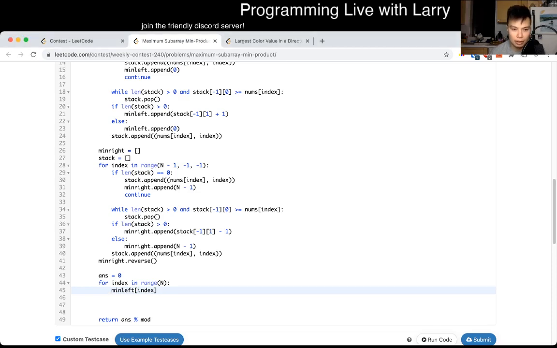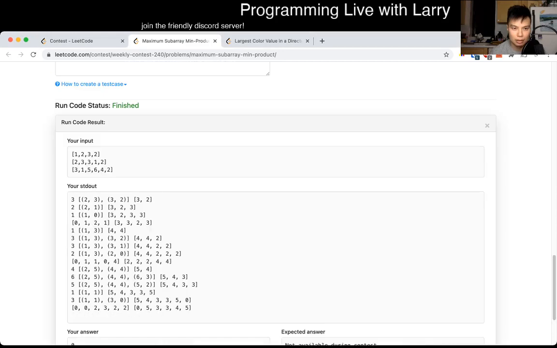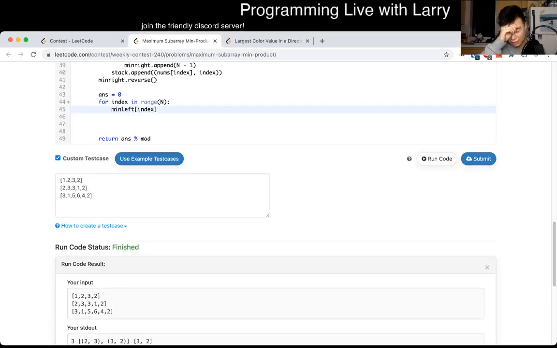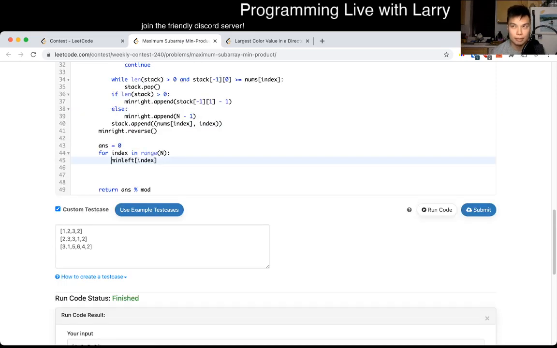Min left has to index, so that is the index that goes to. So okay. I'm having trouble doing the math. So this is the index.